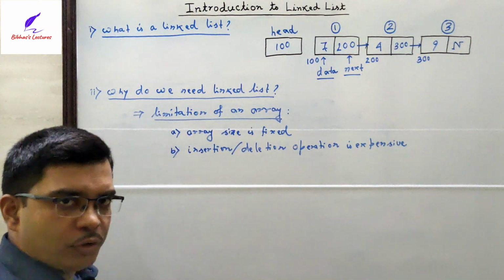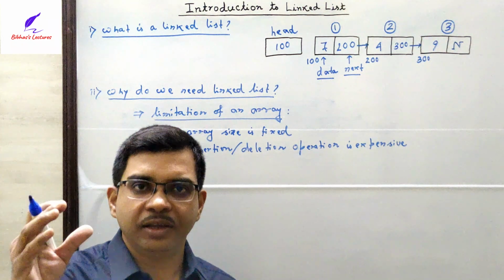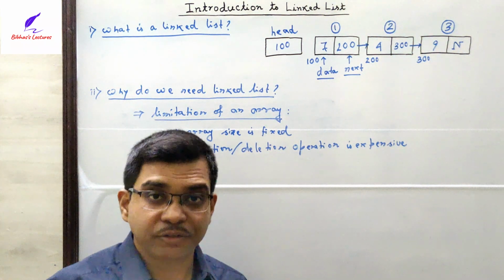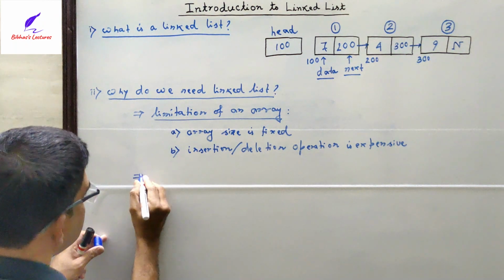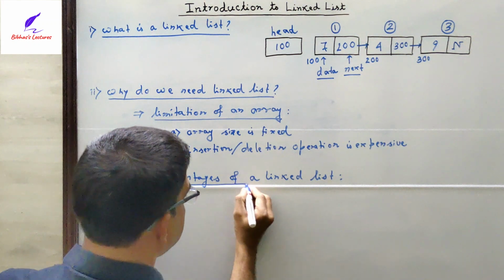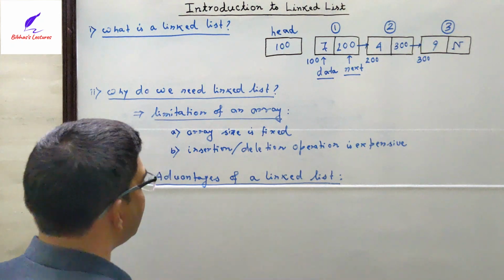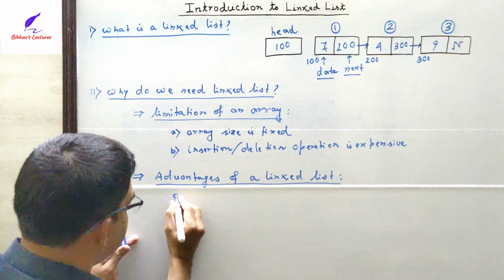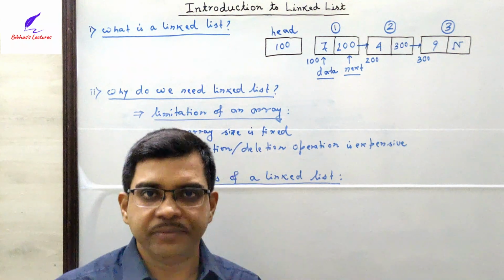So to overcome this limitation of an array, we had to think about a linked list. Now we will discuss what are the advantages of linked list. The first advantage of a linked list is that it is dynamic in nature.